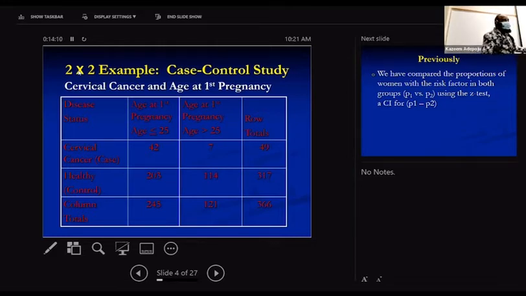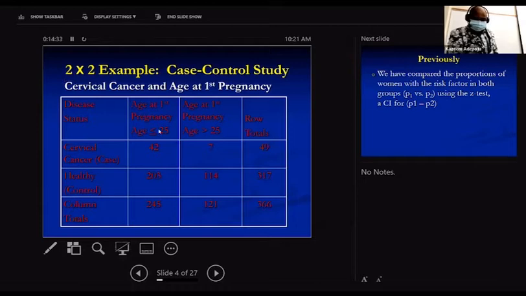Now I'm giving you an example of 2 by 2. You could have a situation where it is 3 by 2 or 3 by 5. The number of rows and columns may not be the same at times, depending on the levels of the response and the levels of the predictor. But the one I'm presenting to you now is 2 by 2.